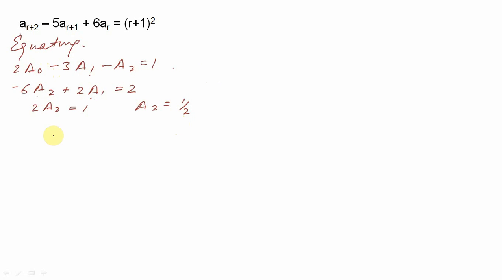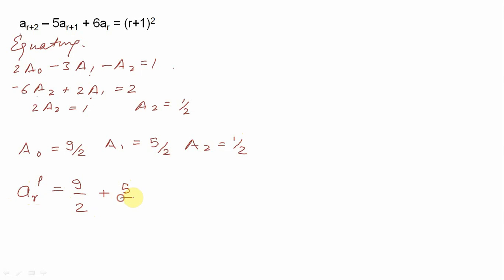You can solve them on your own and you will get the values. a0 is equal to 9 by 2, a1 is equal to 5 by 2, and a2 is equal to 1 by 2. So now the particular solution a(r)P becomes 9 by 2 plus 5 by 2 r plus 1 by 2 r square.